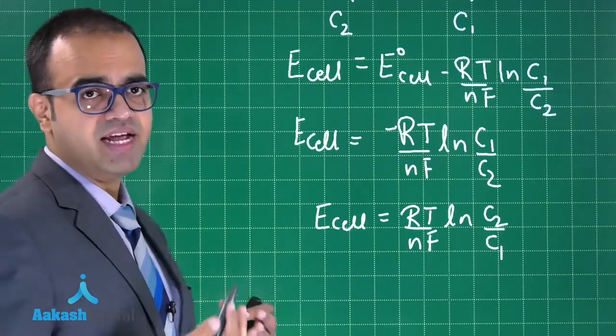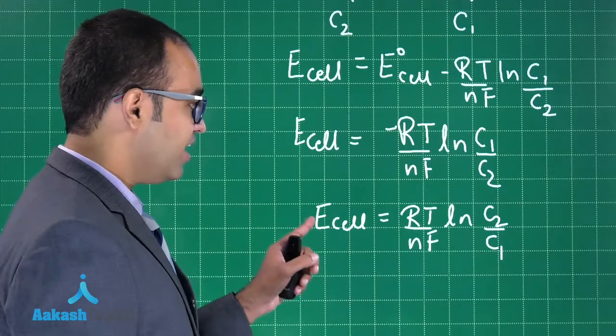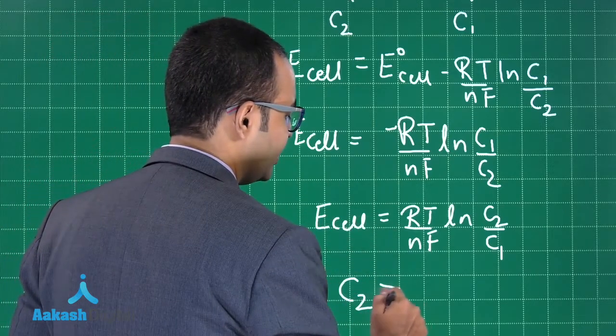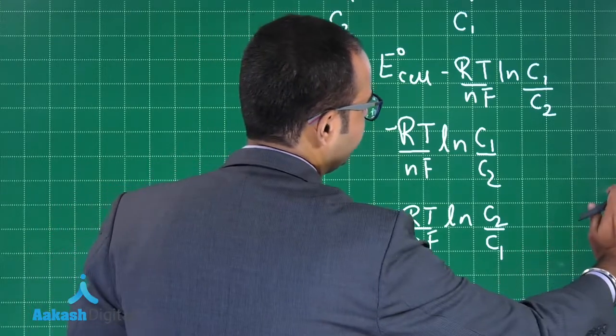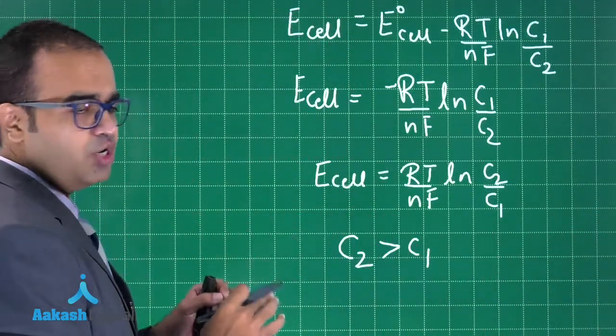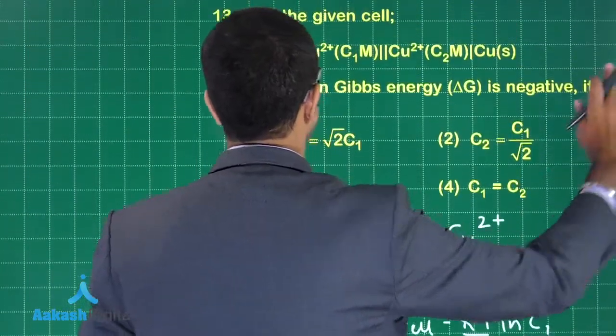Your del G will be negative only if E cell is positive, and for E cell to be positive, C2 should be greater than C1. So in which option do I have C2 greater than C1? Let's see.